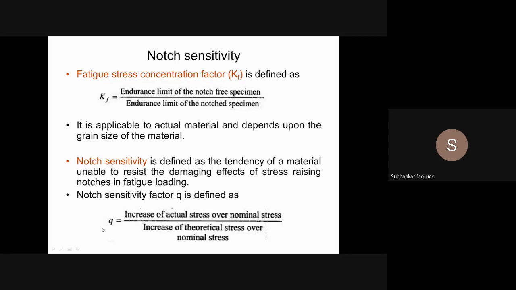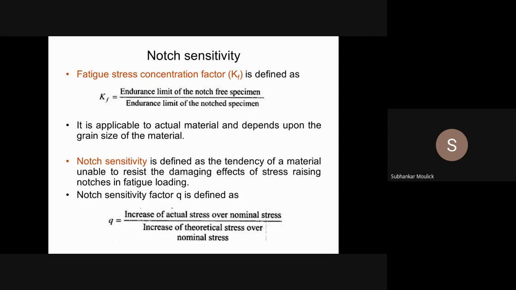There is a relation between Kf, that is fatigue stress concentration factor, and this notch sensitivity factor. What is that relation? That will come from this particular definition, that is increase of actual stress over nominal stress. We know what a nominal stress is. Nominal stress is that stress value that we find out from the concept of strength of materials.